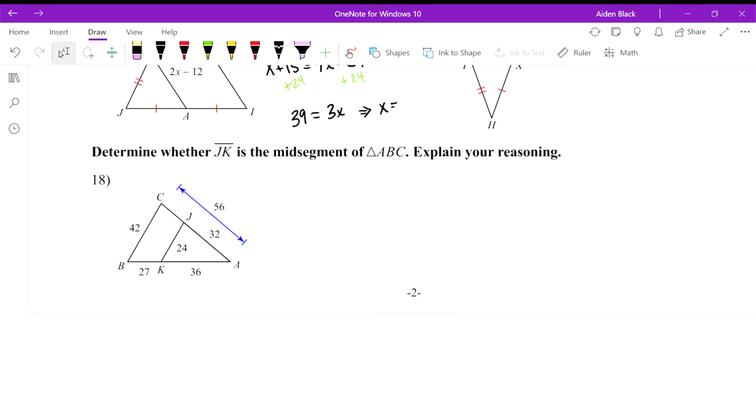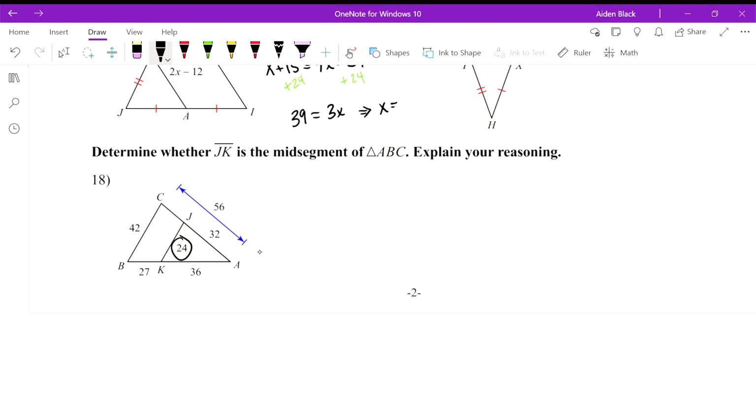Determine whether JK is a midsegment of AB. So this one you guys should understand from what we've learned. We know that if these two lines are parallel and this is half the length of this, then we know that JK is a midsegment. But can you tell?